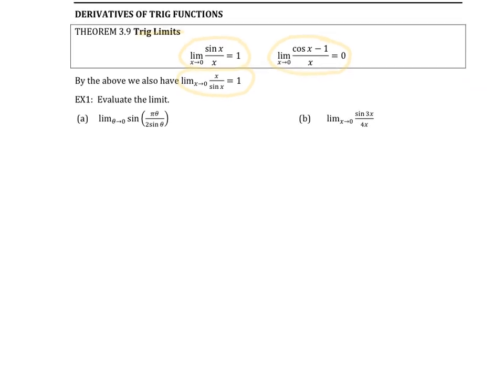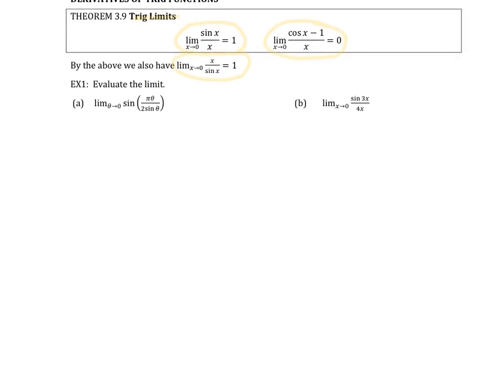In example 1a, we want to evaluate the limit as theta goes to 0 of sine of pi times theta over 2 times sine of theta. Well, notice that if I put in 0 for theta, we're going to get sine of 0 over 0, which is an indeterminate form.